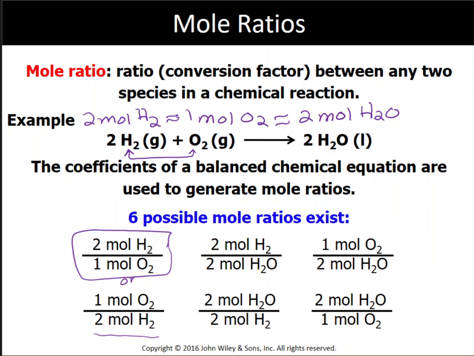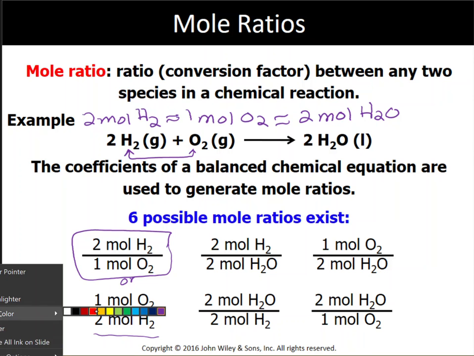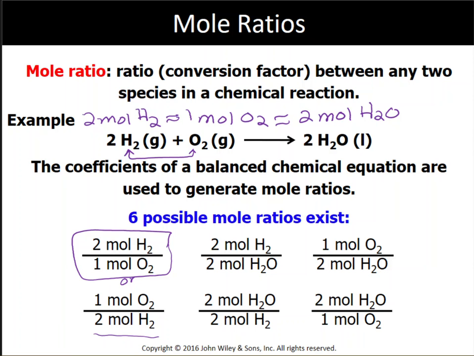You can write these conversion factors for any 2 components of your chemical reaction. It could be in between the reactants, in between the products, or you could use a reactant and a product. Here we show you all possible conversion factors or mole-to-mole ratios that you could use.